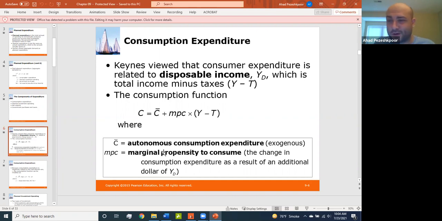If I make like $100, I will immediately spend that $100. Or I would probably spend just $99. That depends on the person, on the character. And this is about the character of a nation. So your responsiveness to your disposable income: how much of that disposable income are you going to spend?